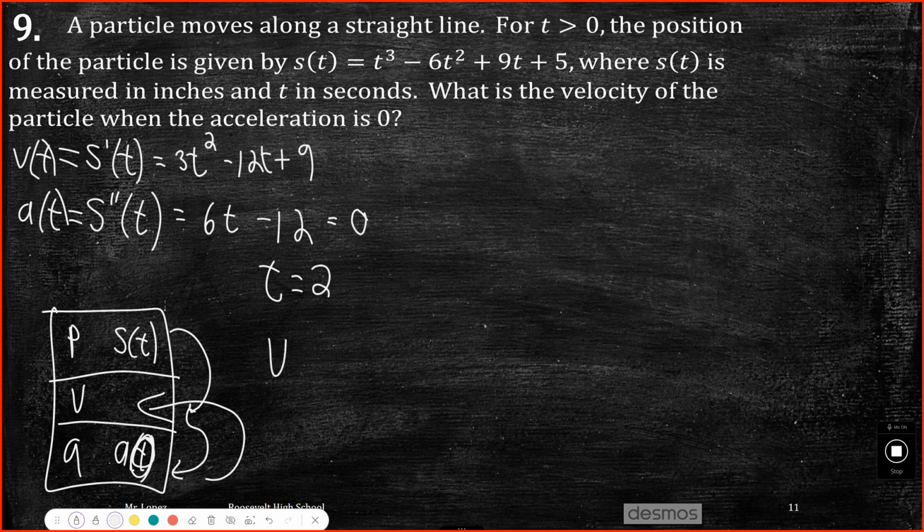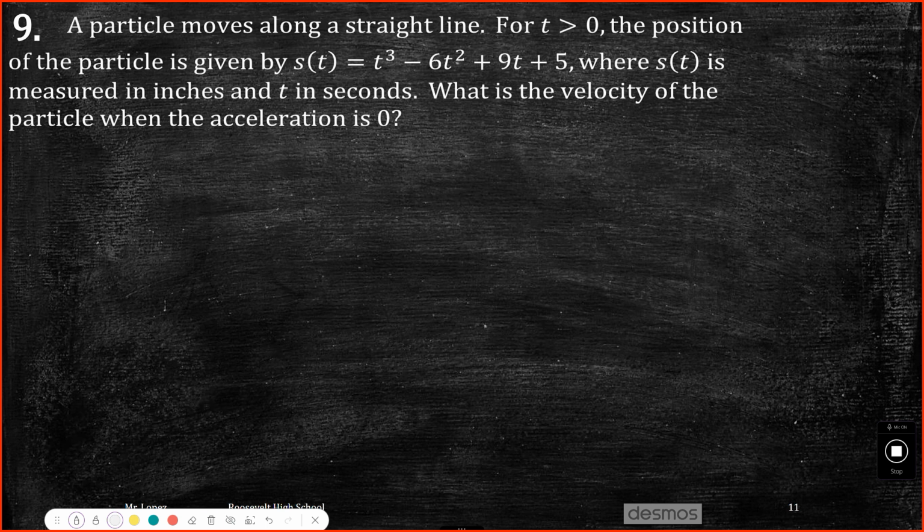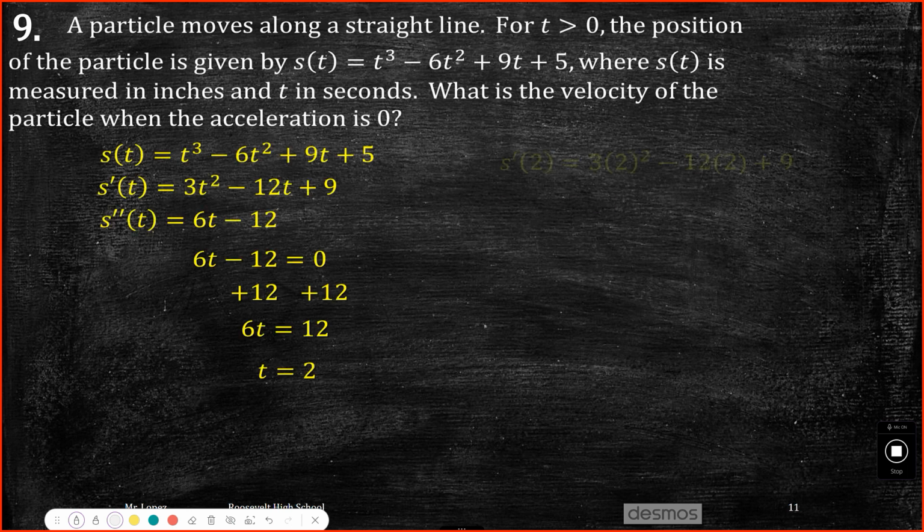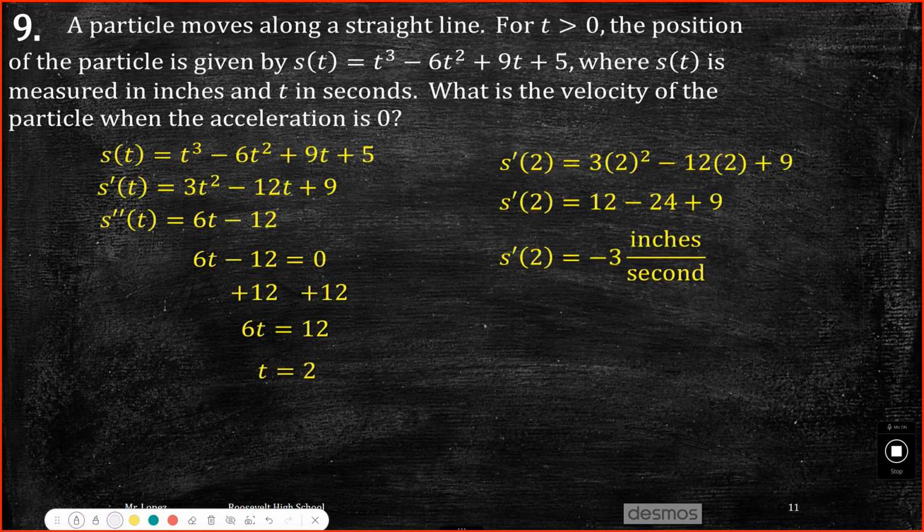So velocity of 2 is equal to 3. What is that? Is that negative 3? Make sure you don't forget the dimensions of it.